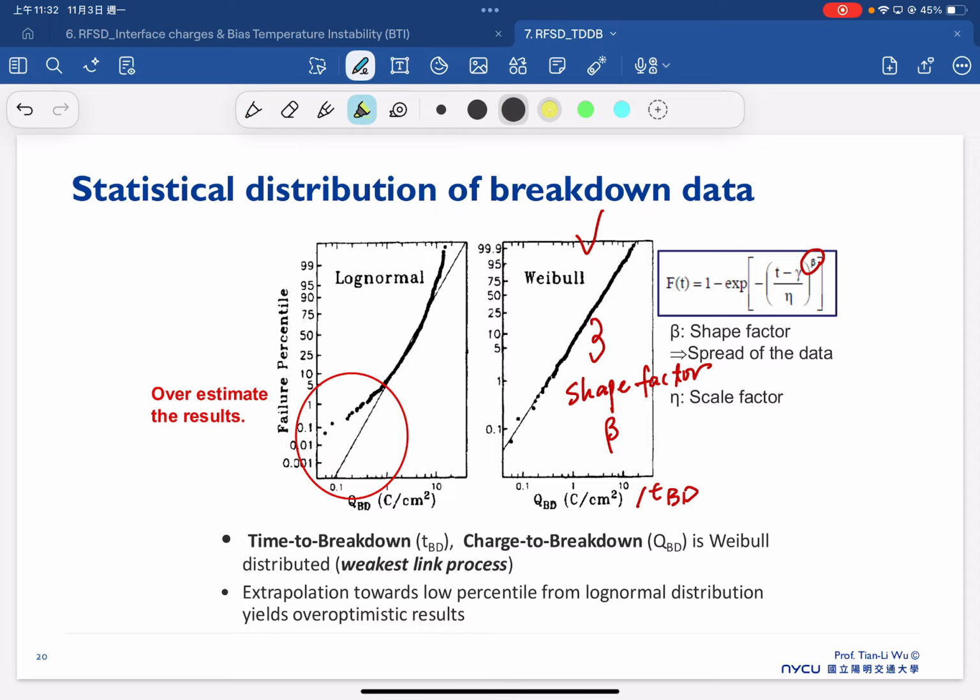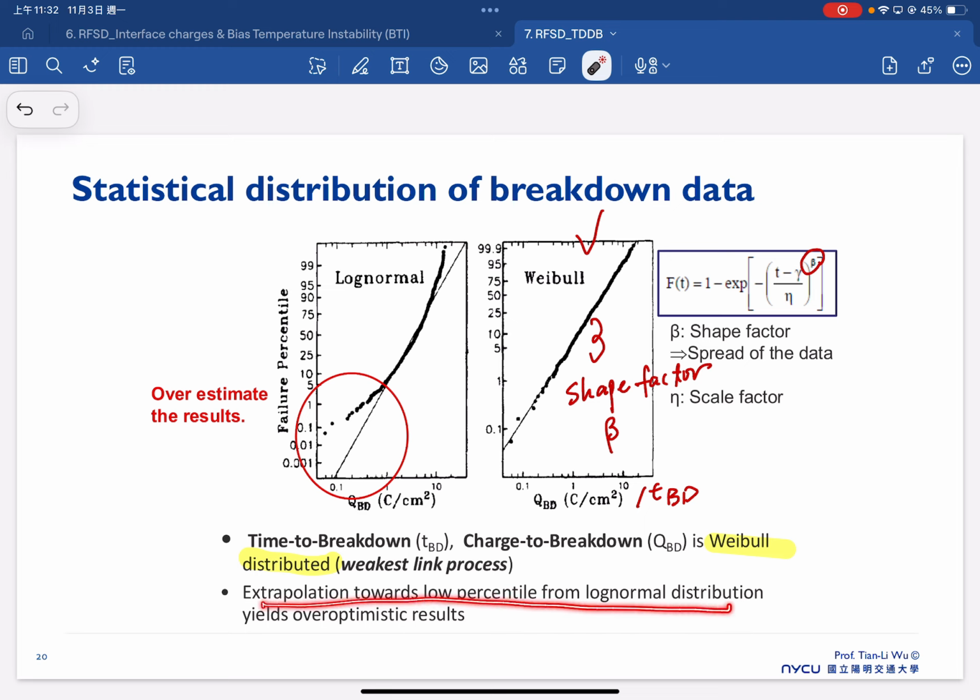Both can be fitted with a Weibull distribution. That's because of the weak link process. And for low percentages, the log normal is overestimated. So that's why we won't use the log normal in the case of TDDB reliability.